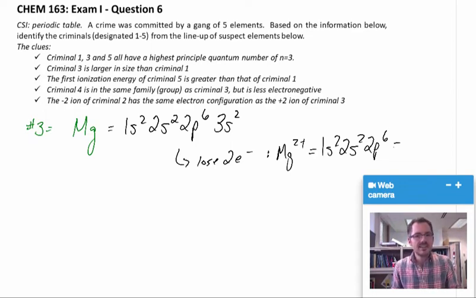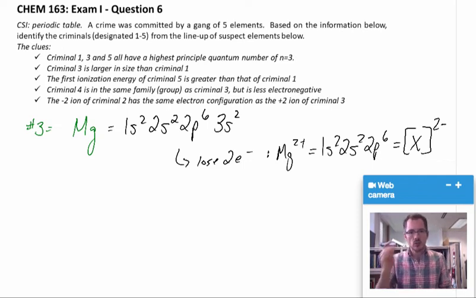But this is now also equal to some unknown element with a charge of -2. If you read that clue one more time, it says the -2 ion of criminal 2 has the same electron configuration, which is 1s2, 2s2, 2p6.